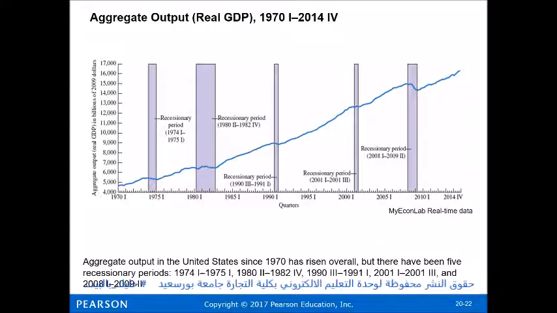The chart we have here shows aggregate output in the form of real GDP for the United States during the period 1970 first quarter through 2014 the fourth quarter. It shows aggregate output in the United States since the 1970s has risen overall, but there have been 5 recessionary periods.